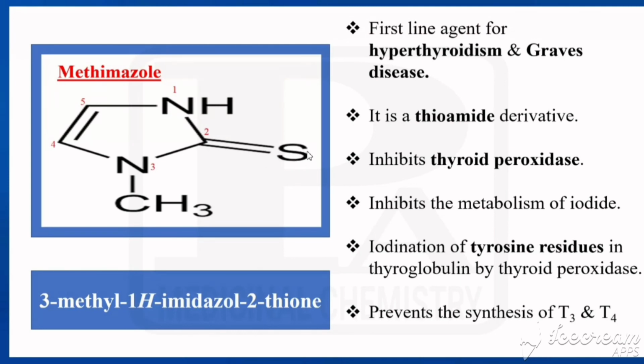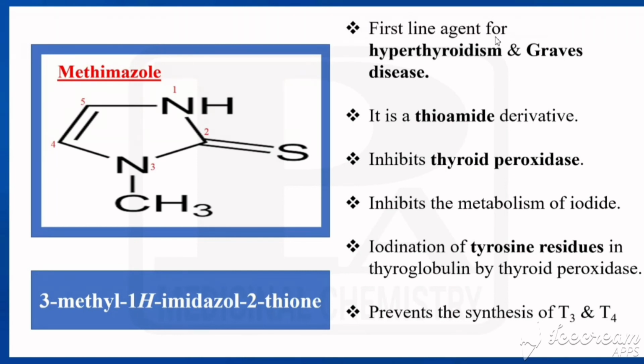But it is having sulfur, so it should end with thione. Thi is for indicating sulfur. So what is the chemical name? 3-methyl-1H-imidazole-2-thione. So that is the structure for methimazole. Me for methyl, thi for sulfur, and azole for imidazole.